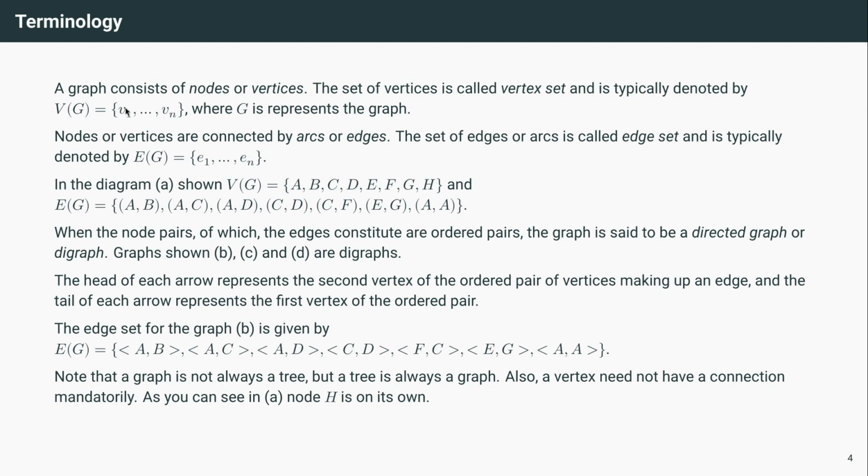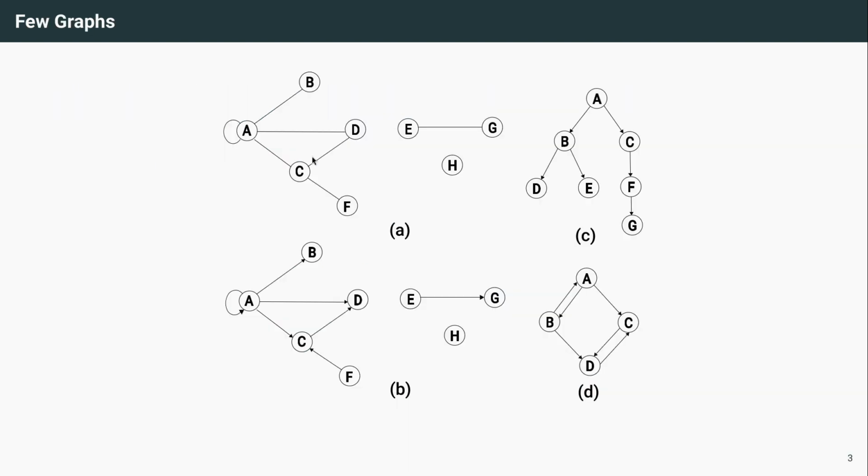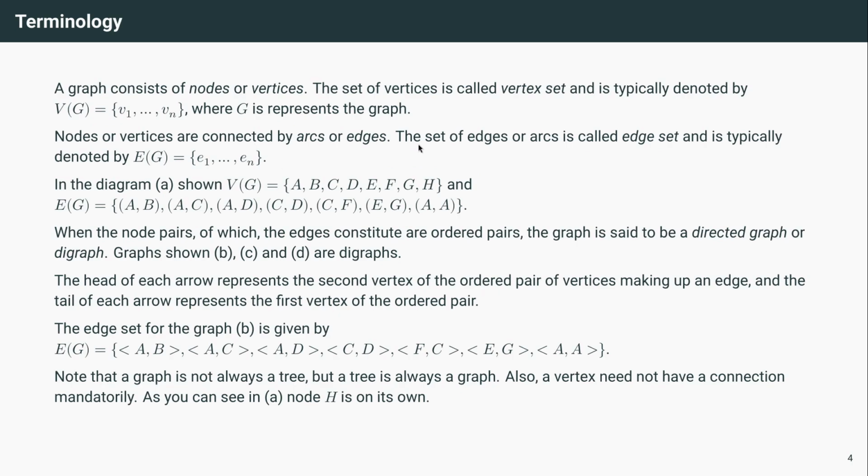Vertices are denoted by V1, V2, and so on up to Vn. Nodes or vertices are connected by arcs or edges. So these straight lines and the arrows and the loop, these are arcs or edges. The set of edges or arcs is called the edge set and is typically denoted by E of G, where the set contains E1, E2, E3 up to En.